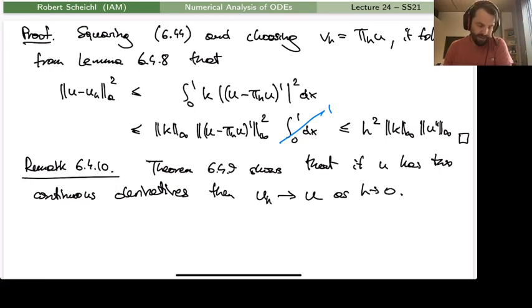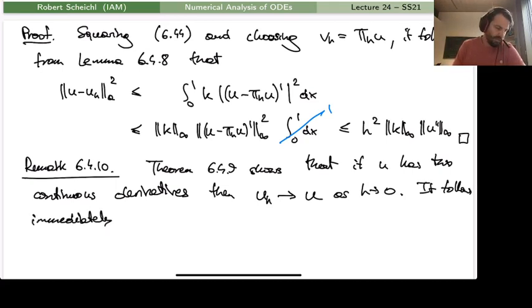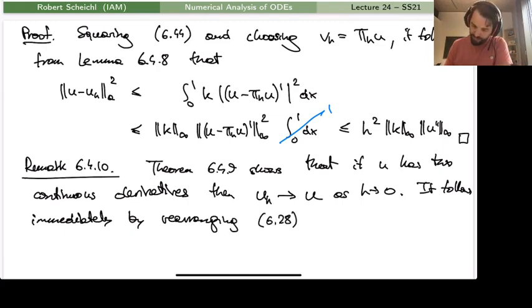And in fact, it follows immediately from our rewriting, by rearranging 628. So have a look back, I'll just do a little aside. It was minus k u double primed minus k primed u primed equals f.